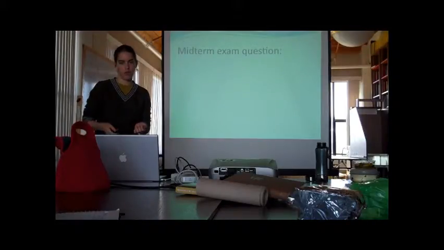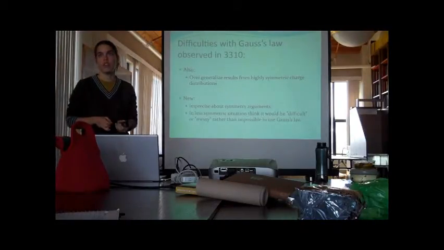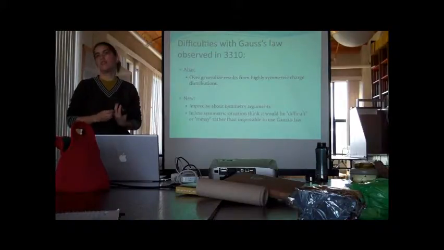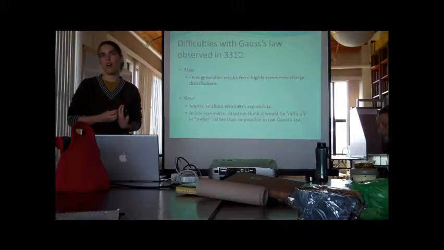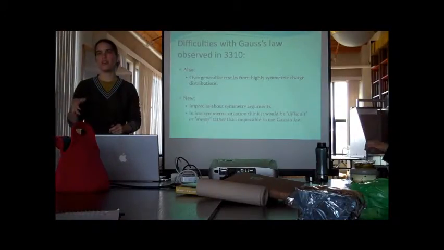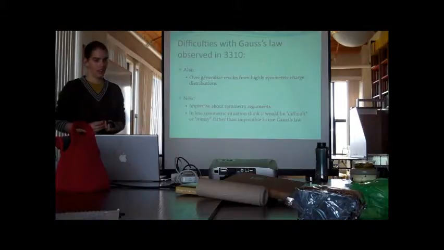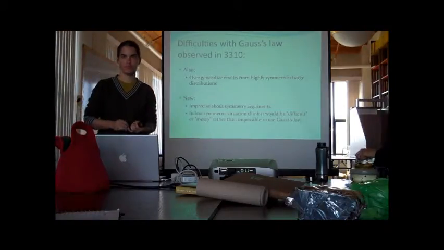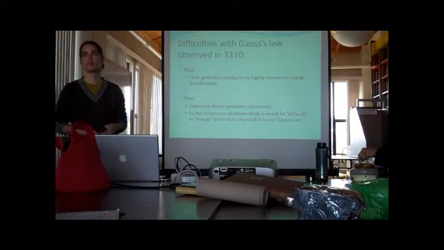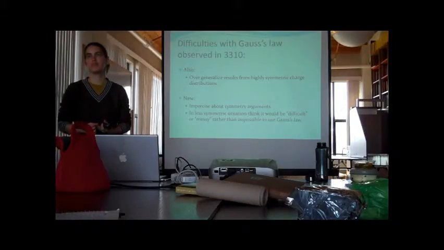Is that specific to using Gauss's law to calculate the E field, or are they talking about how to do the surface integral? It's specific to using Gauss's law when you want to calculate the E field, to get E out of that integral. They have learned how to directly integrate Coulomb's law in this class as well, so they're aware there is a messy integral that can be used to find the E field.